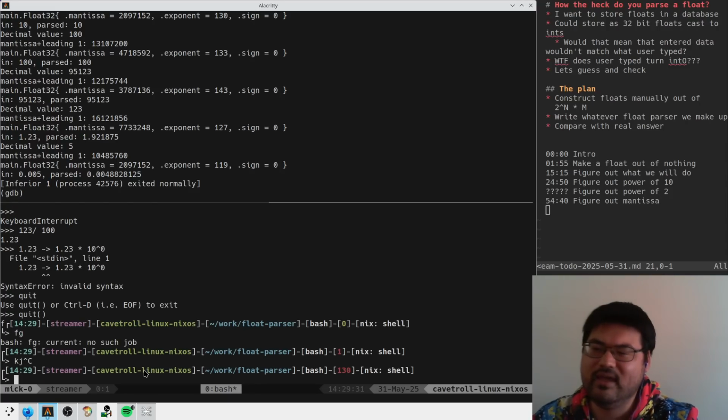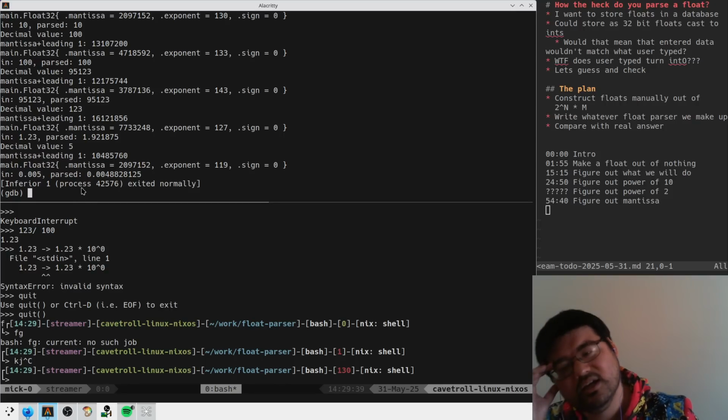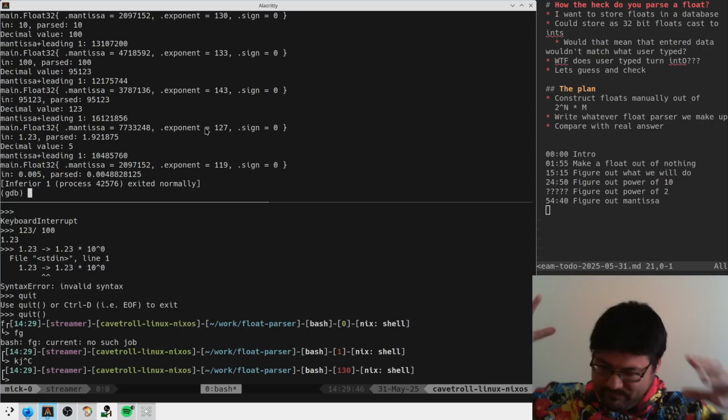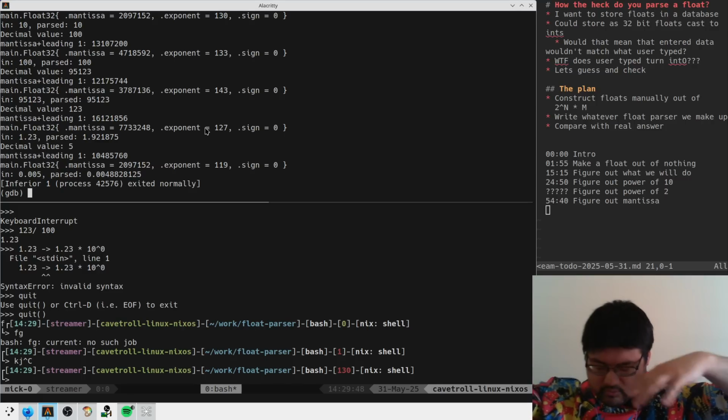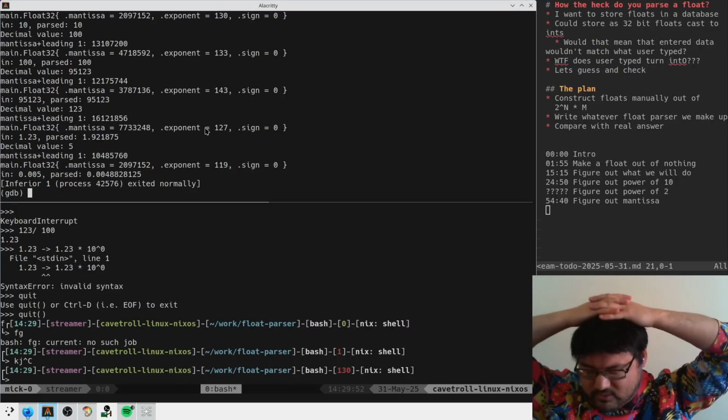I wonder if we have to do some sort of division to get from power of 10 to power of 2. There's some sort of linear relationship there. Surely we don't have to do something on the other side for that.